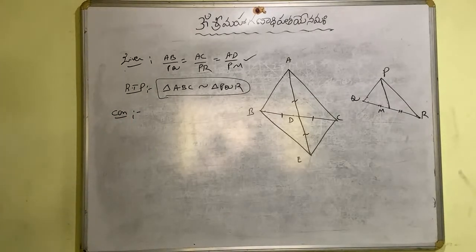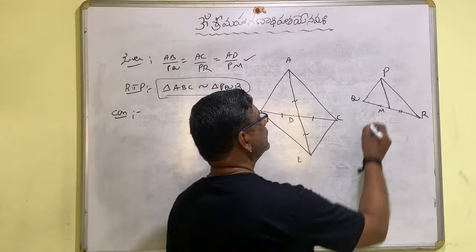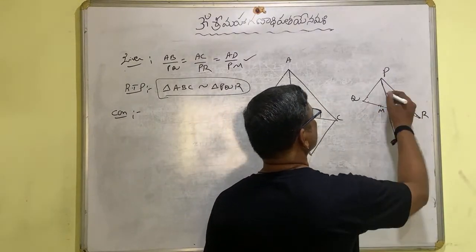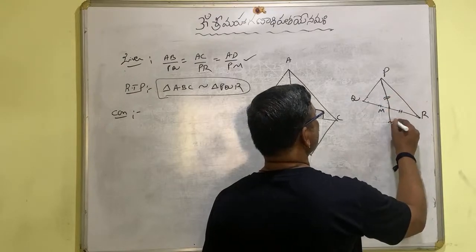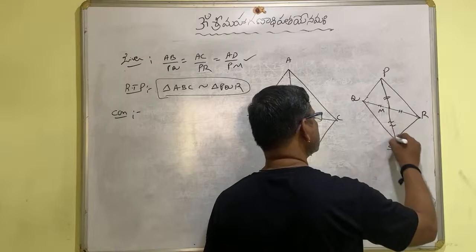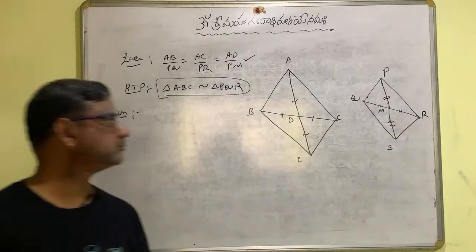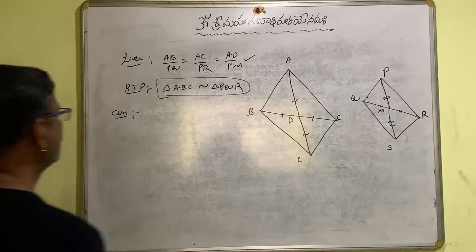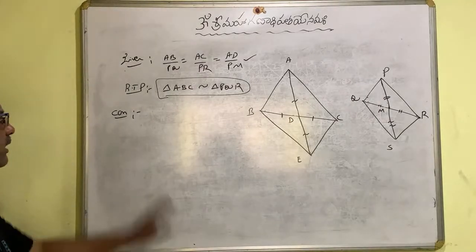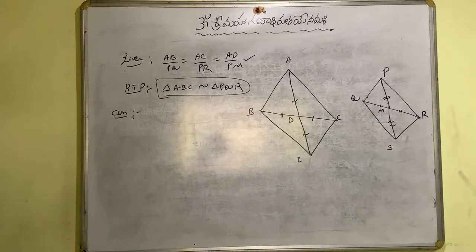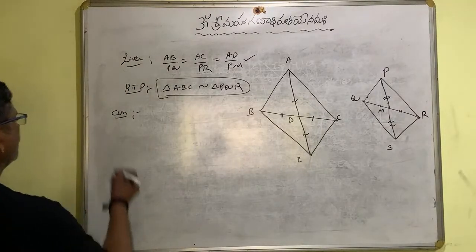In the same way, extend PM to S, and join RS and QS. This is the construction that I am not writing here because the board is not sufficient. Now, proof.